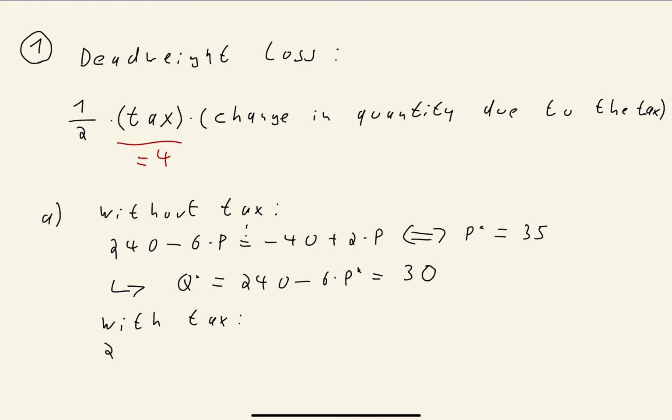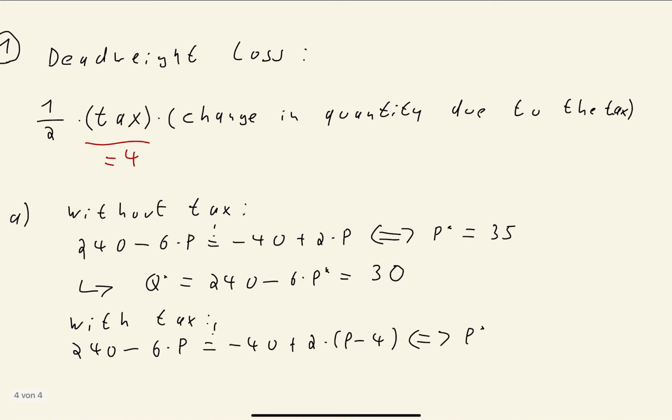There is no change with respect to the demand function, so this stays the same, but now it should be equal to minus 40 plus 2 times P minus 4. For each unit sold, the suppliers need to transfer 4 to the government. If we solve this, we end up with P star equal to, if I'm not mistaken, 36.